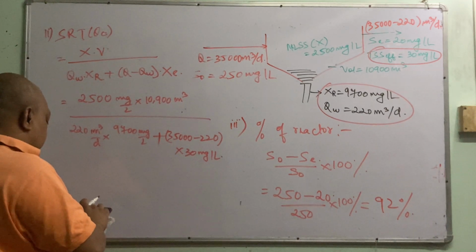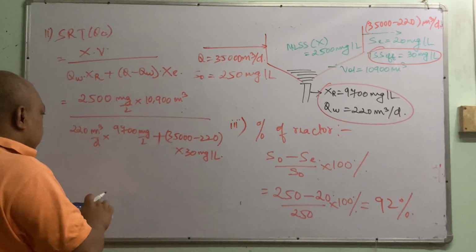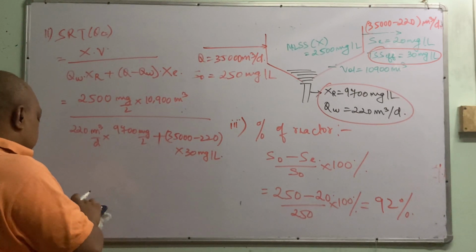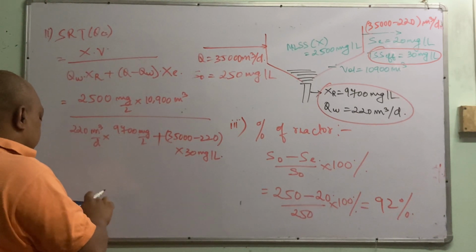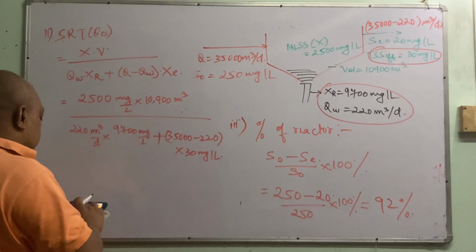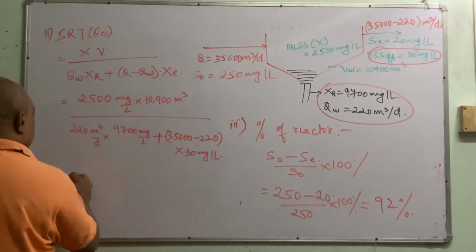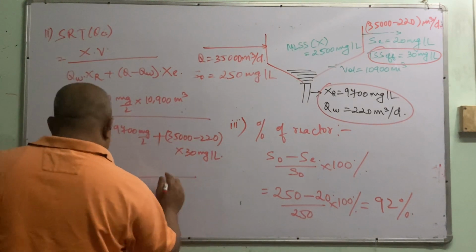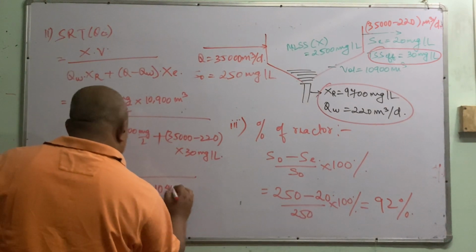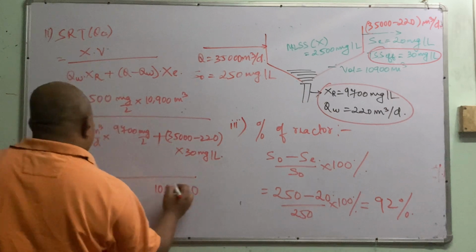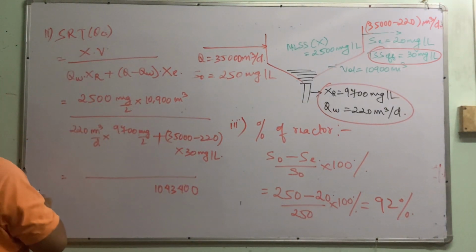What I'll do is 35,000 minus 220 is equal to 34,780 into 30 is equal to... So this part is 1,043,400.